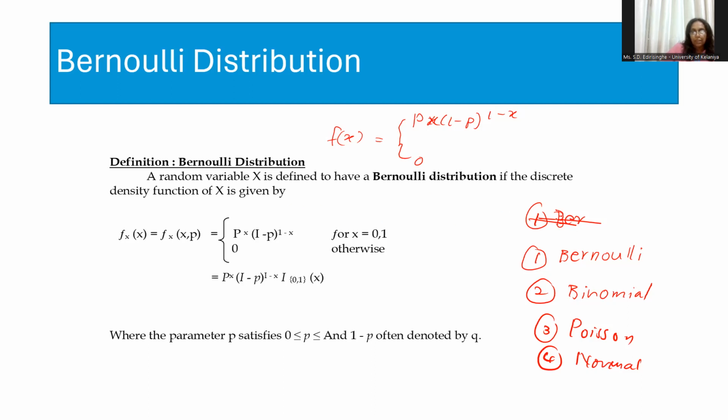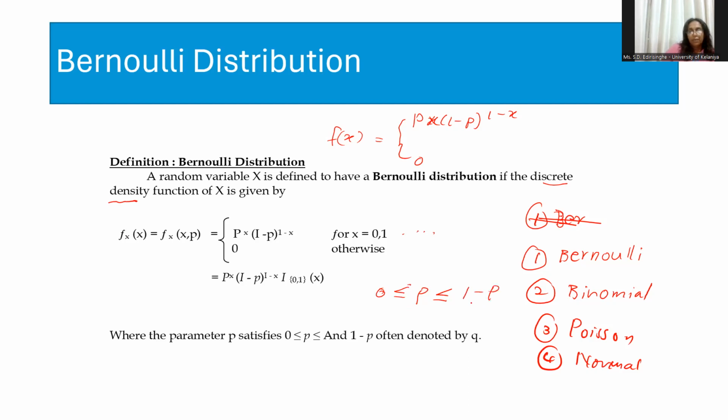So it is a discrete density function, starting from 0, 1, and so on, where the parameter p satisfies 0 less than or equal to p less than or equal to 1.